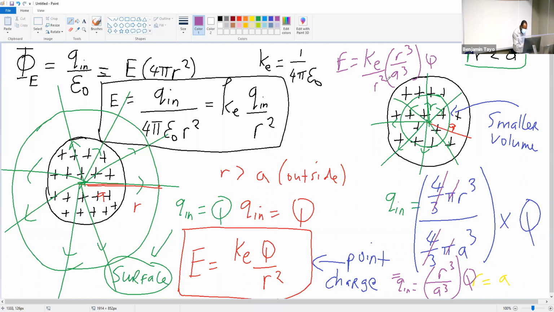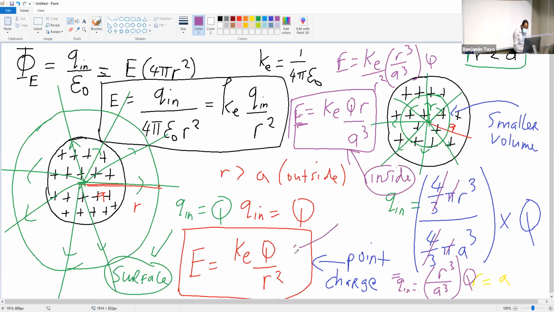Now notice that if you divide this correctly, you end up with something that looks like this, K_e Q R over A to the power 3. So that's the electric field if I'm outside. If I'm inside, this is the electric field.